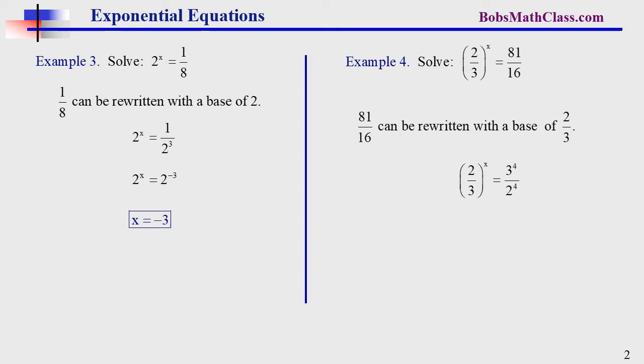So it's 3 to the 4th over 2 to the 4th, which means that we could write that in parentheses all to the 4th power. We could also switch it around and make them both negatives. Whenever you move a term from the bottom to the top or top to the bottom, the exponent changes from positive to negative or negative to positive.